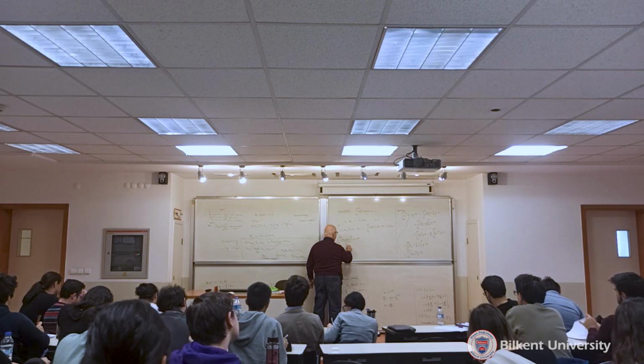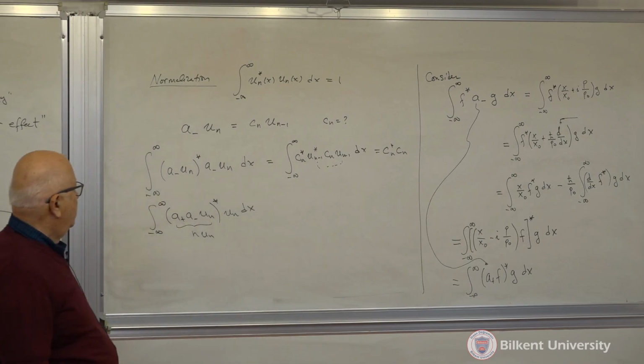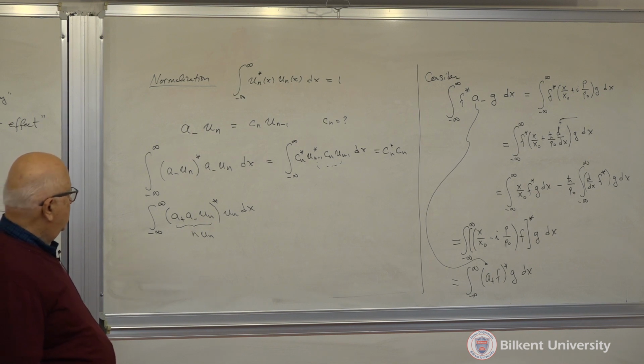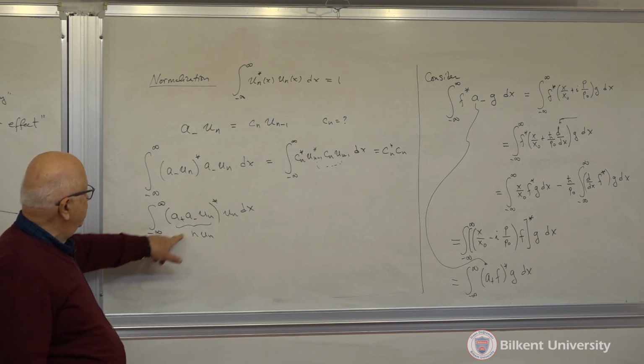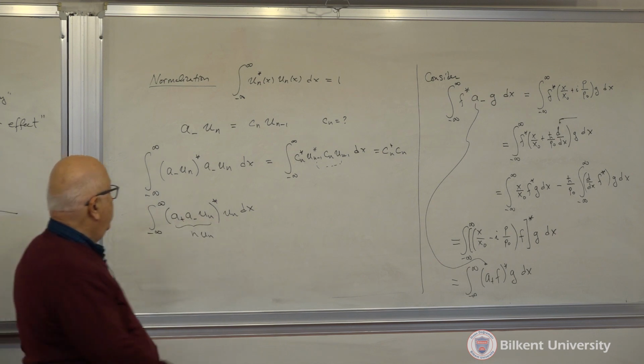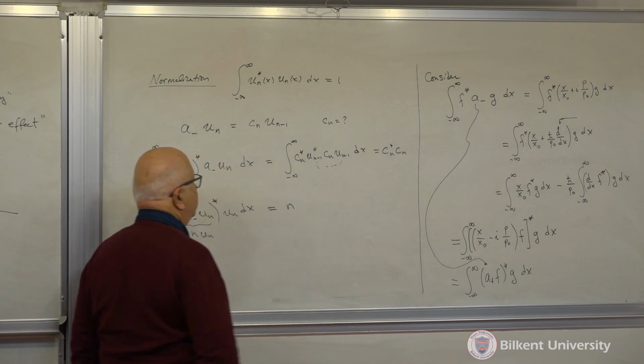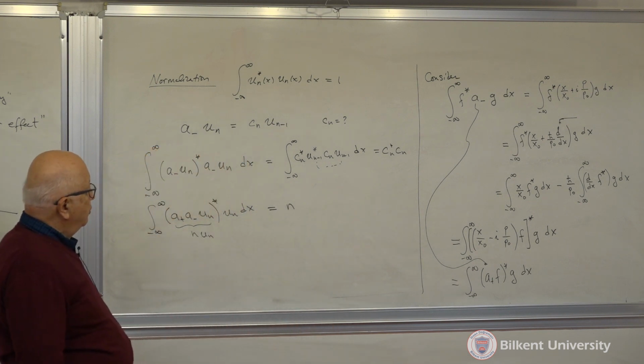This thing here is then just n times un, and n is just a constant. It's the number of this object, and I'm going to get just straight n.